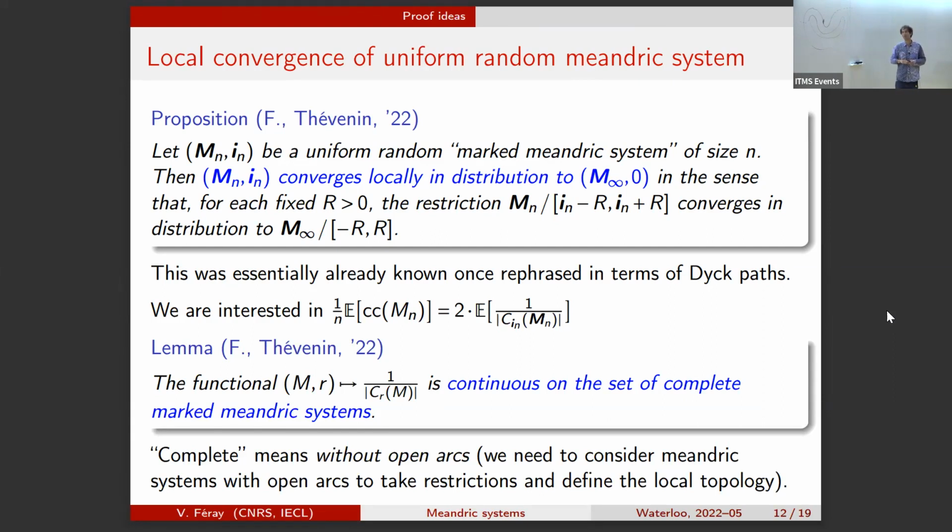And I told you when I introduced the infinite noodle, it's an exercise to check that everything is connected to something else. So this means that with probability 1, the infinite noodle lives in this set of complete marked meandric systems, and this continuity, even if it's not on the whole space, is enough for what we want to do.